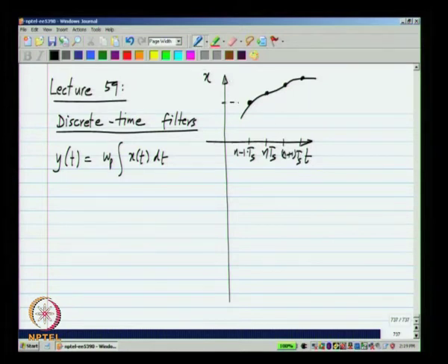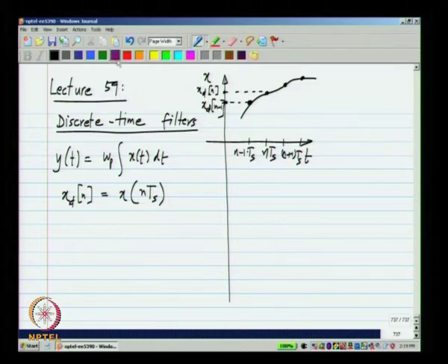And these sampled values are what constitute the discrete time signal. I will define the discrete time signal x d such that the nth sample of x d is nothing but the value of x at n times Ts. So, this particular value is x d of n minus 1 and this is x d of n and so on.